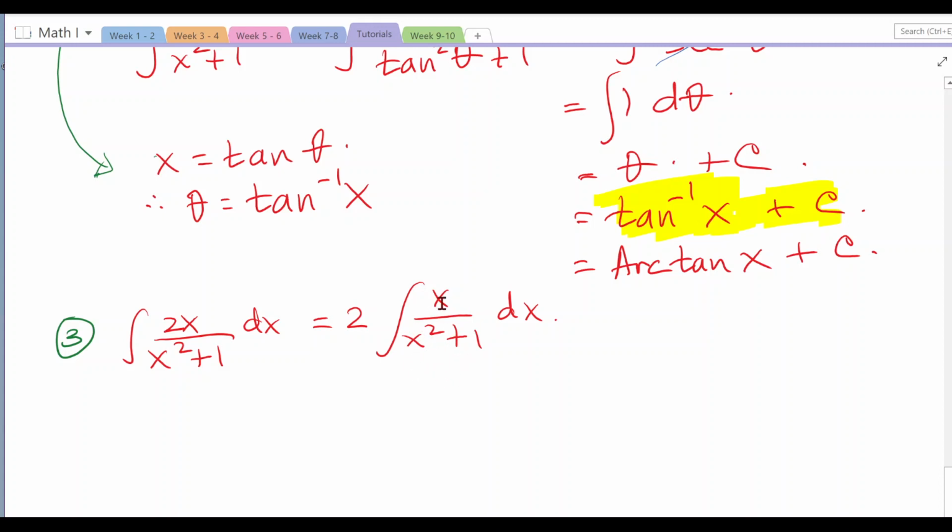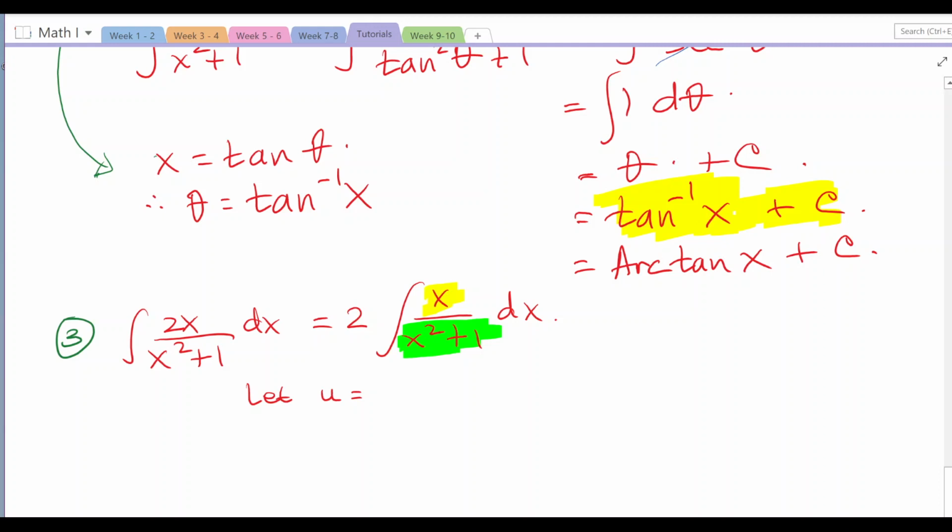So again, just like before, whenever we have terms that are related to each other, in this case x and x square plus 1, which are clearly related, because if we take the derivative of x square, we have 2x, which is that one. So we are solving an integration problem that has related terms.